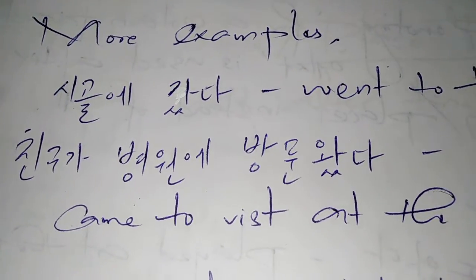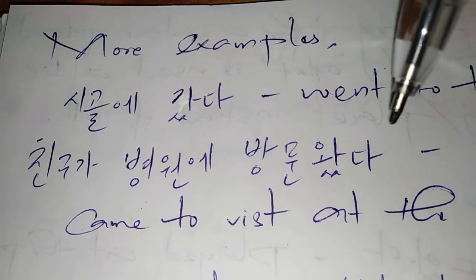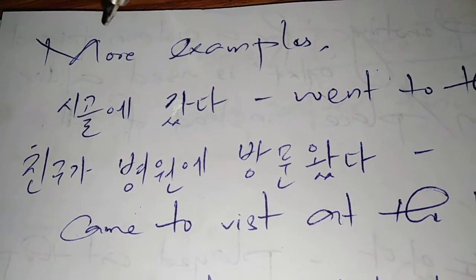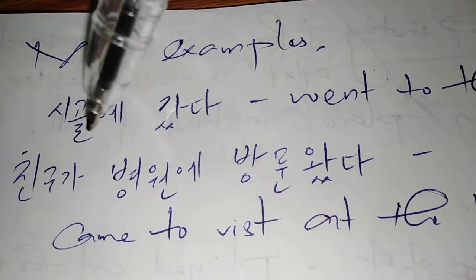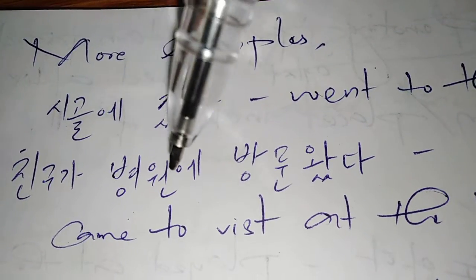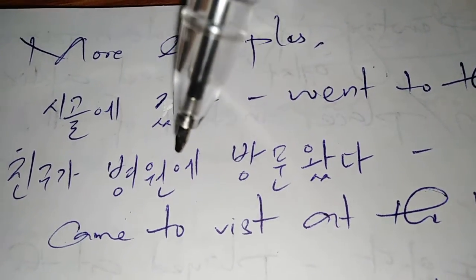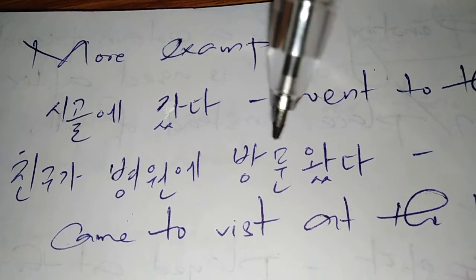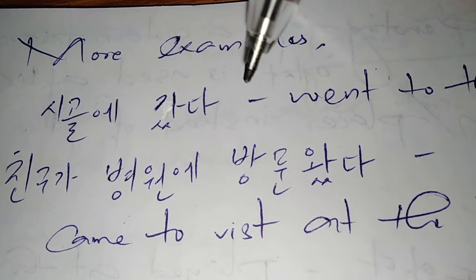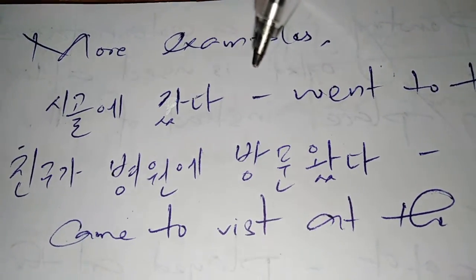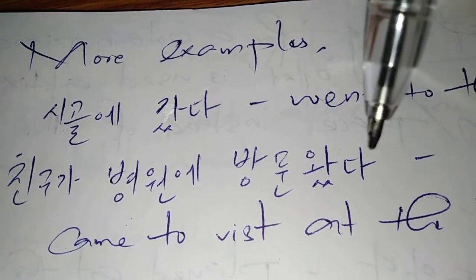Next one, 친구가 병원에 방문 왔다. 친구 means friend. 친구가, you have an identifier particle there. 병원 means hospital. 병원에 방문 왔다. 방문 means simply visit. 왔다 means came.